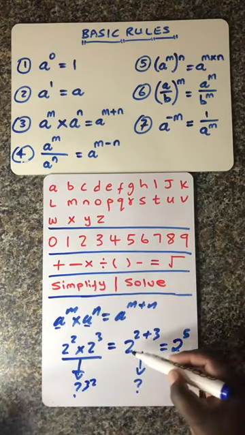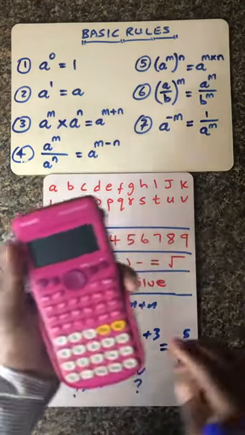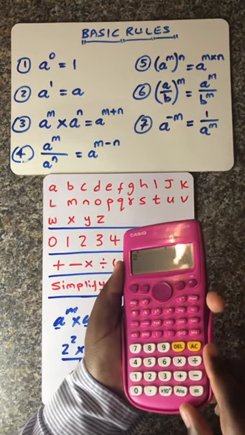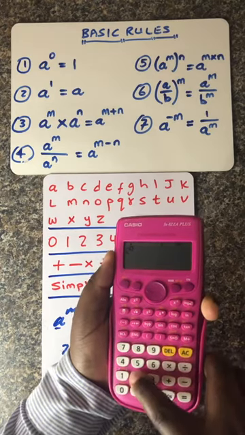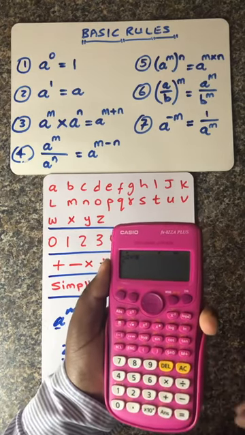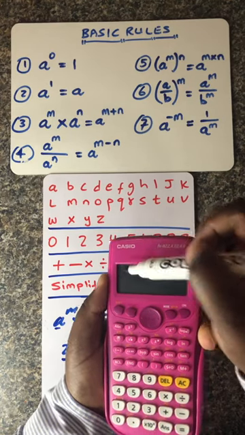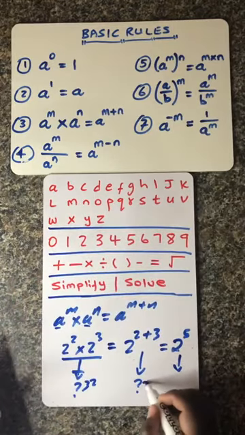So what I'm saying is when we punch 2 to the power 2 plus 3, we should still get 32. So let's see. It's 2 to the exponent 2 plus 3. Remember, guys, that positive sign is at the top. We get 32.